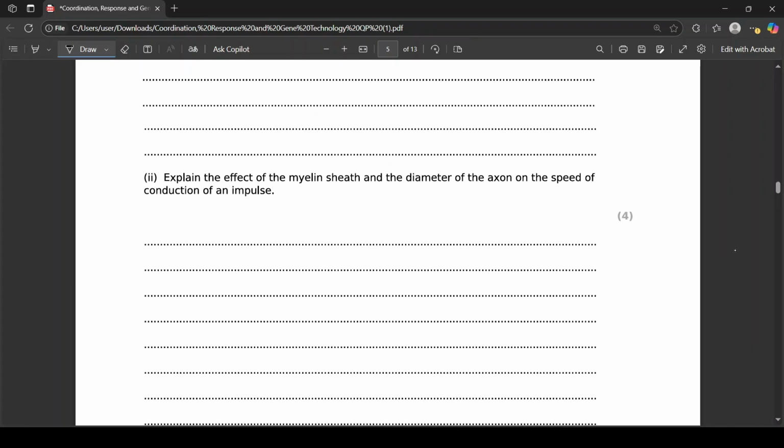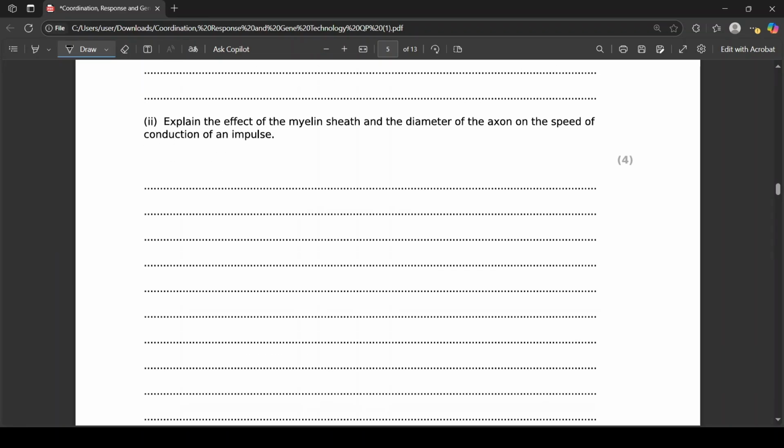Okay. The next part of the question says, explain the effect of the myelin sheath and the diameter of the axon on the speed of conduction of an impulse. So here we have to explain why the speed of conduction of an impulse is greater or lower in terms of a myelin sheath.